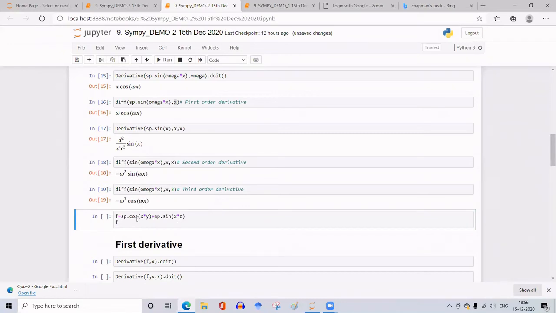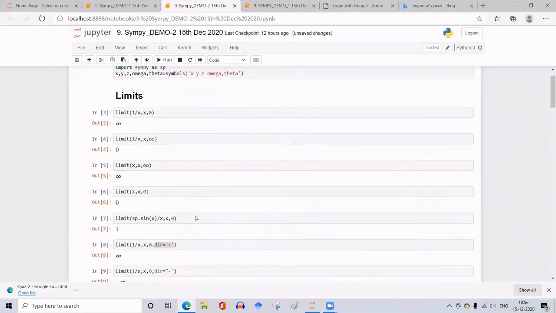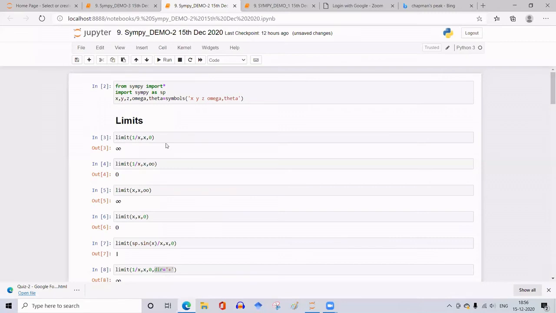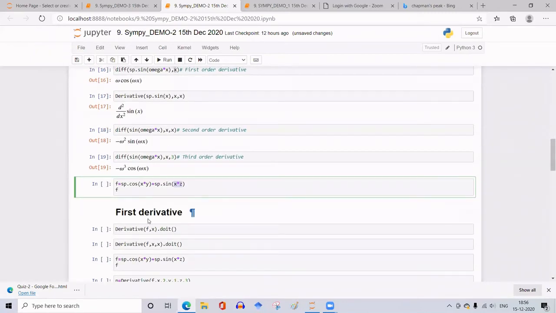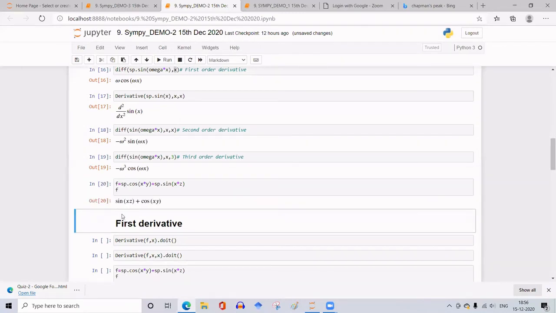Here is another example where I have 2 functions. F is defined by sp.cos of x into y, again a function of 2 variables, and sine of x into z. You remember x, y, z, all 3 we defined as symbols here. So if I write f equal to sp.cos(x*y) plus sp.sin(x*z), what I must get as output f is sin xz plus cos xy.